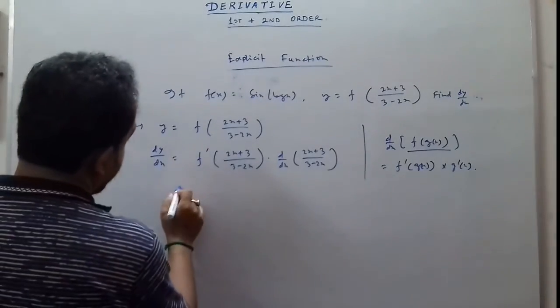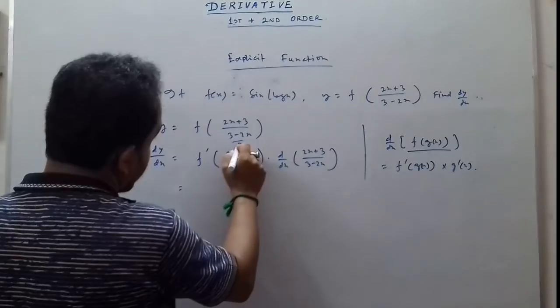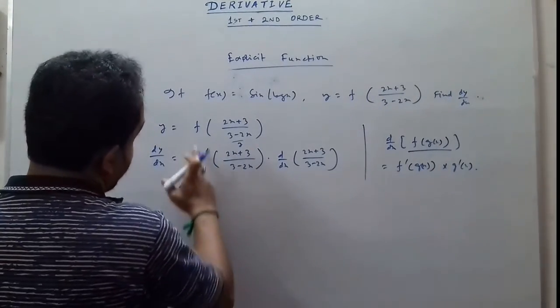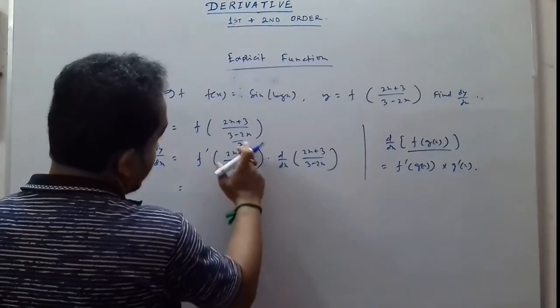So here also, if we take f as a function and this as g function, the derivative is equal to f' of this g into derivative of this g.